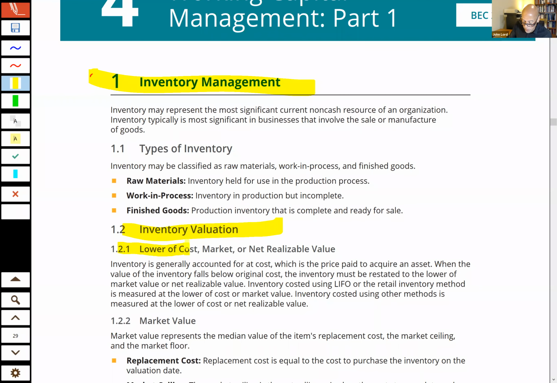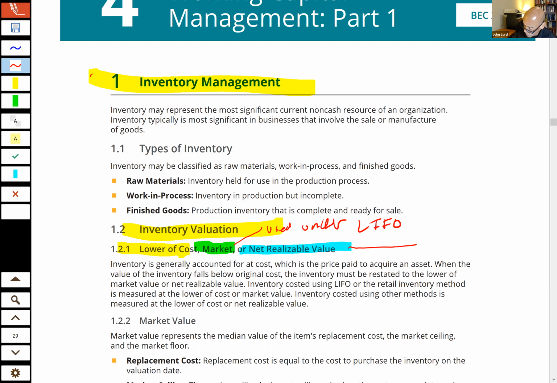We need to value our inventory at the lower of cost or market, or net realizable value, and it really depends on the inventory method. Lower of cost or market is used under LIFO.